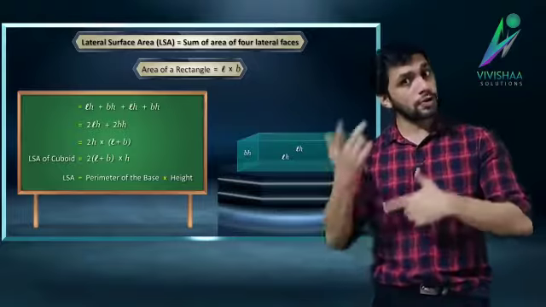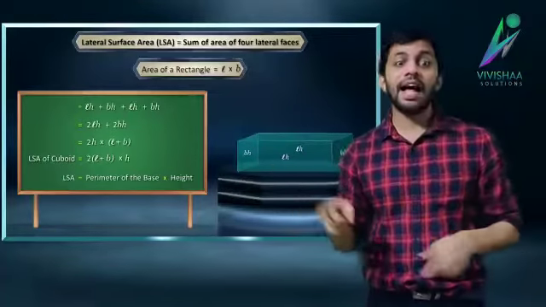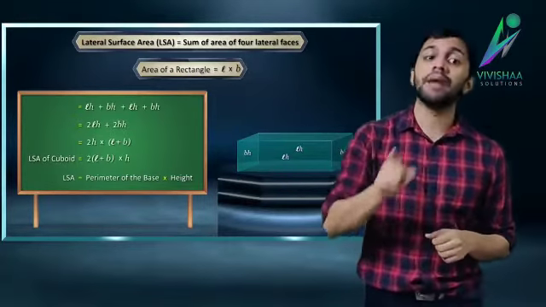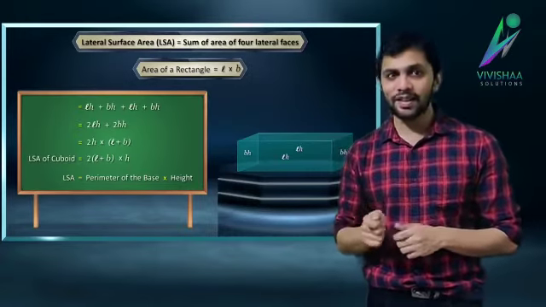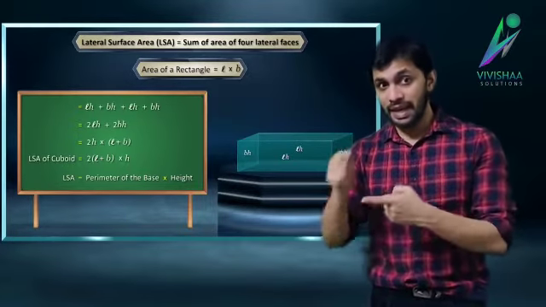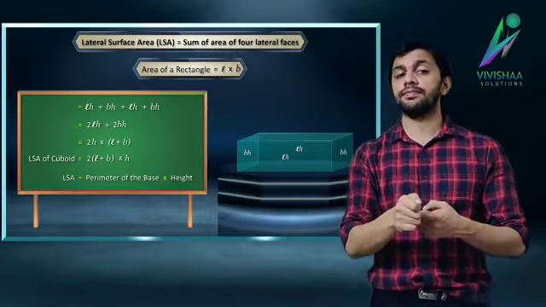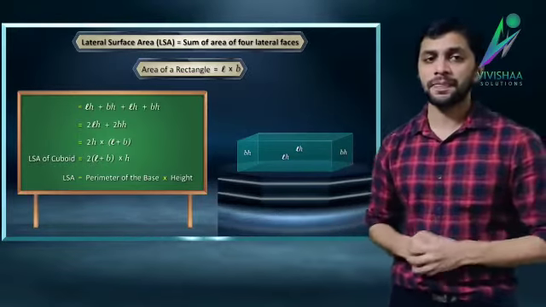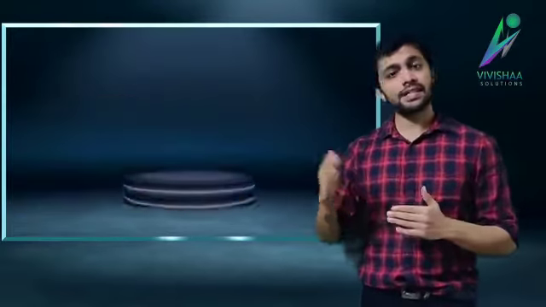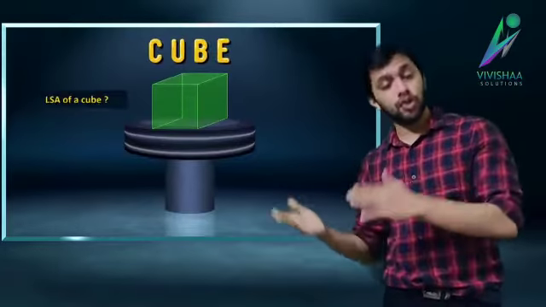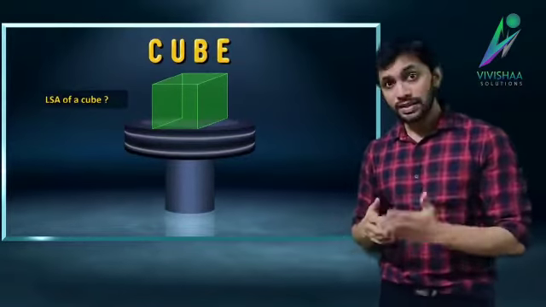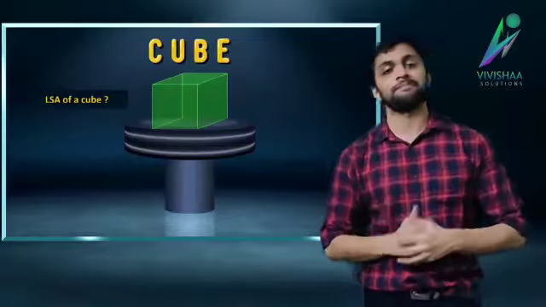Hence, we can also define the lateral surface area as the product of the perimeter of the base and height of the cuboid. Once again, the product of the perimeter of the base and height of the cuboid. Right? Now, using this formula for LSA, we can also derive the formula to calculate the LSA of a cube. This was a cuboid. Now we'll derive a formula for a cube.